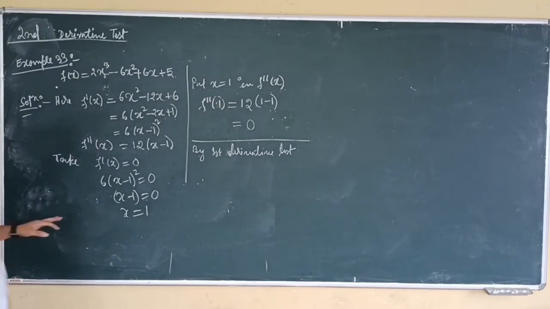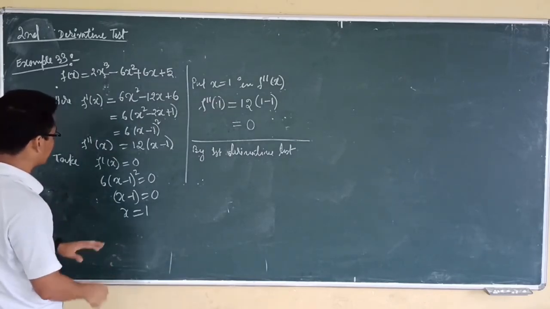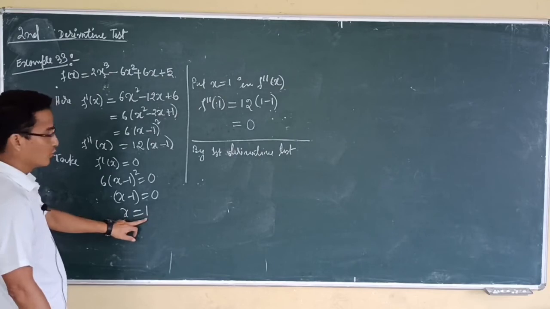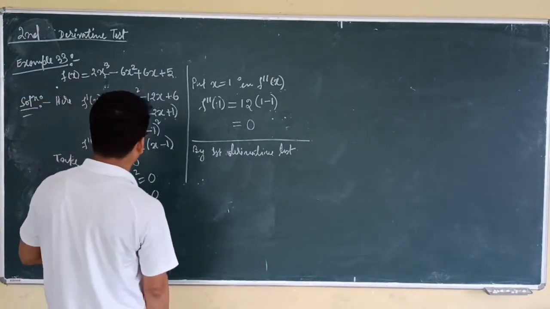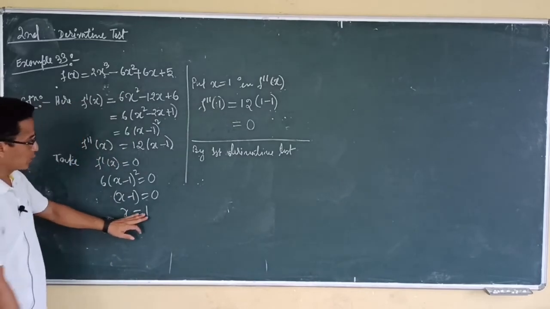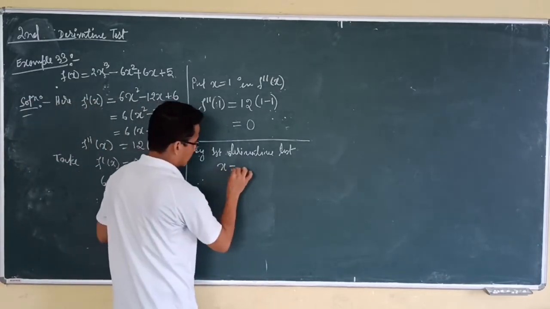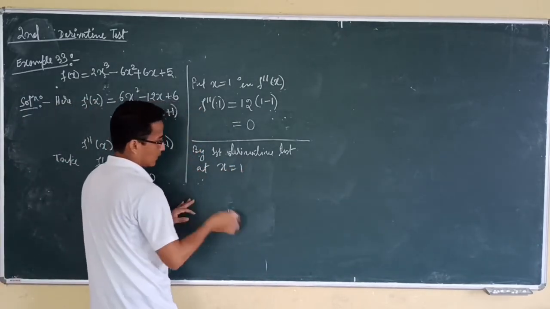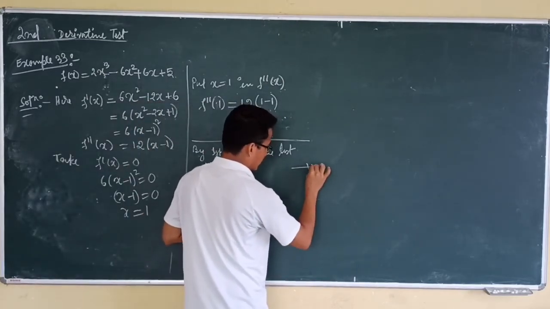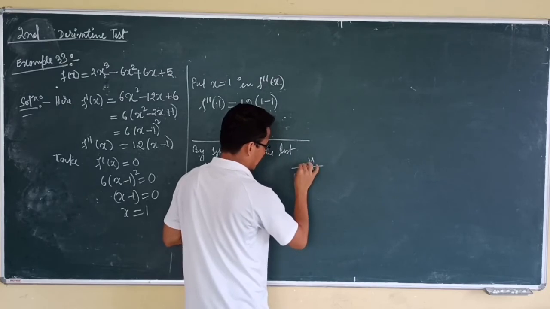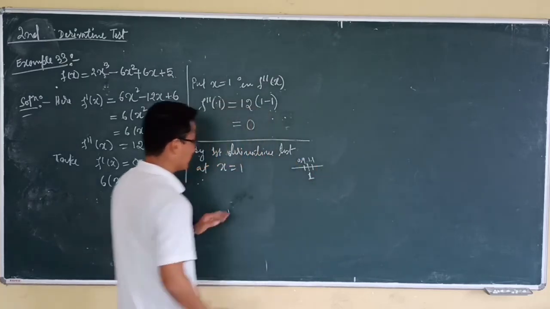In first derivative test, we will take one value from the left hand side and one value from the right hand side of the critical value. We know the critical value is x equal to 1, so I will take 1.1 and 0.9.